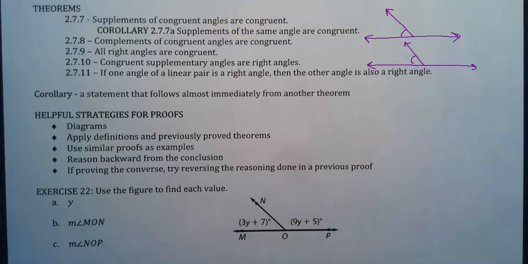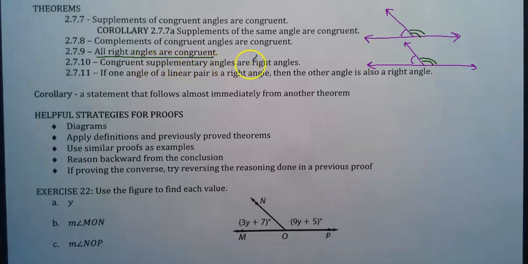That means that these angles would be congruent with each other. Complements of congruent angles are congruent. All right angles are congruent. That makes sense, right? Because all right angles are 90 degrees. 90 equals 90 equals 90.